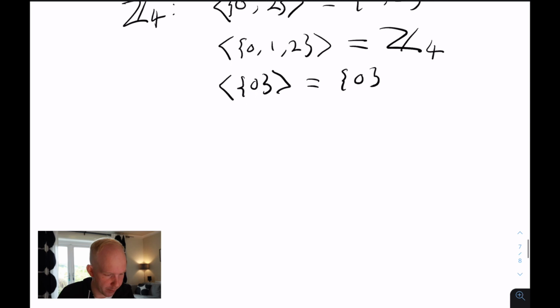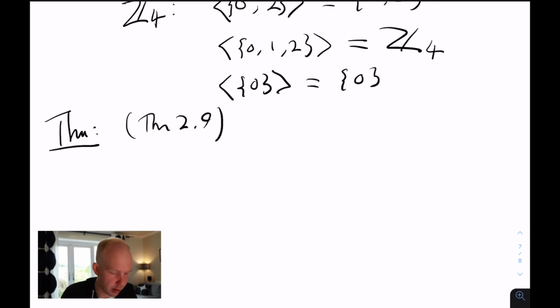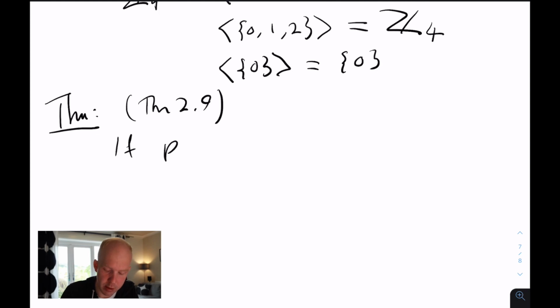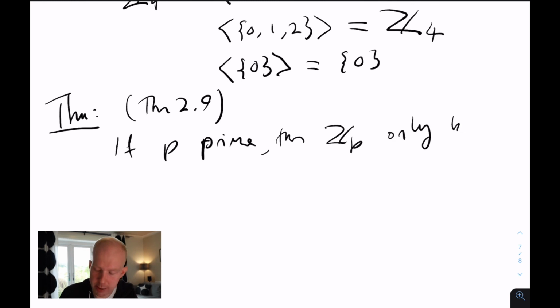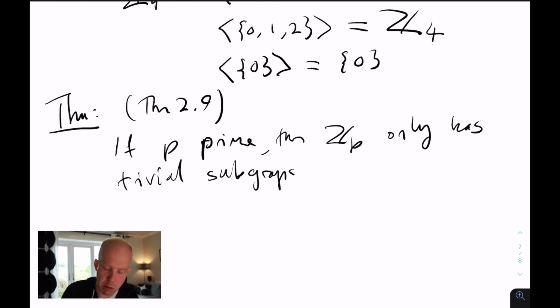So there is this theorem that you could look at. This is not proven in the notes, but it is Theorem 2.9 in the notes, and it says the following, a little bit of a connection to number theory: if P is a prime number, then ZP only has trivial subgroups, which are 0 and ZP.